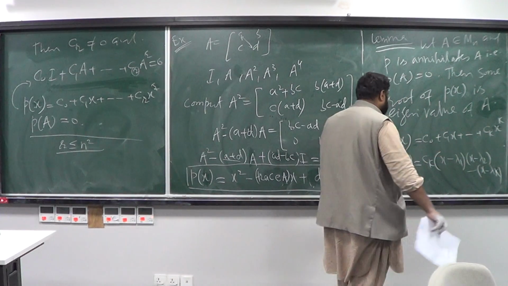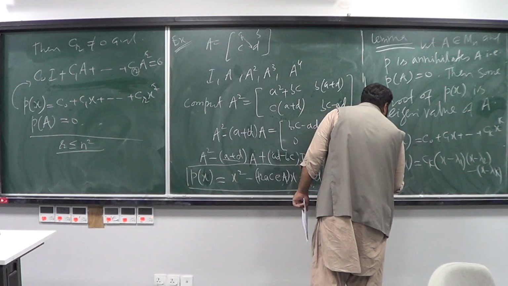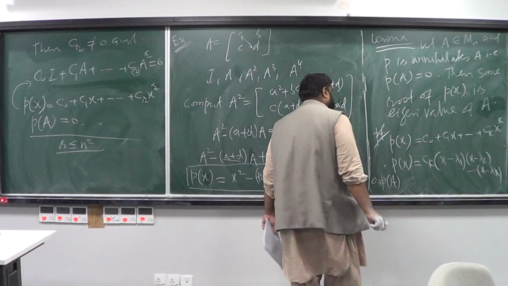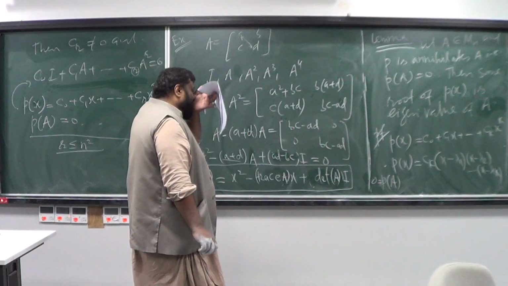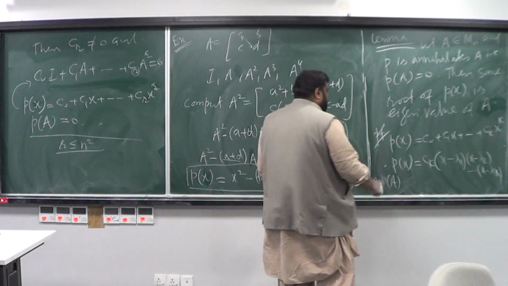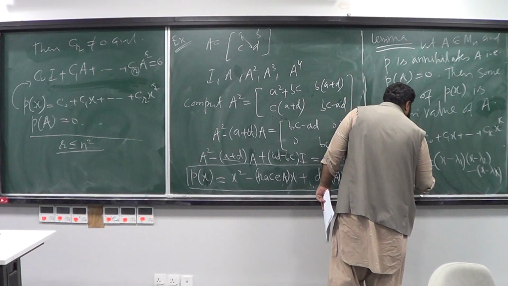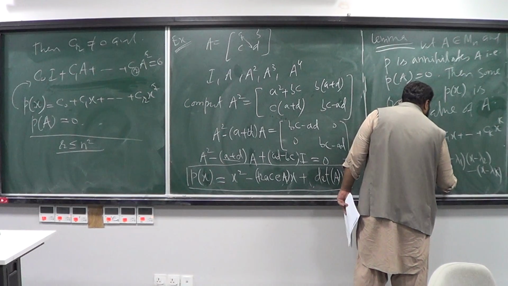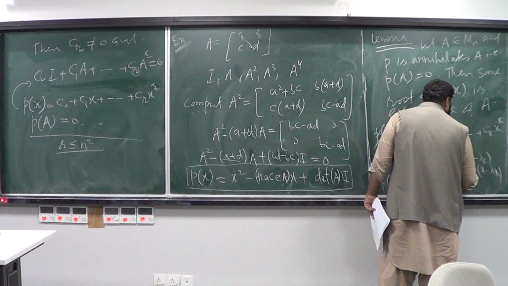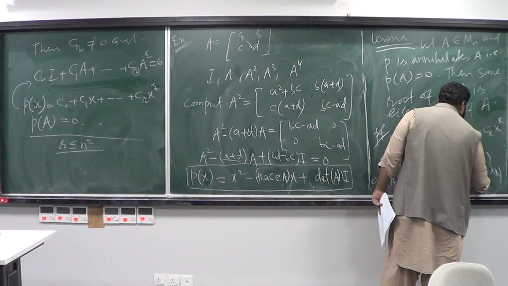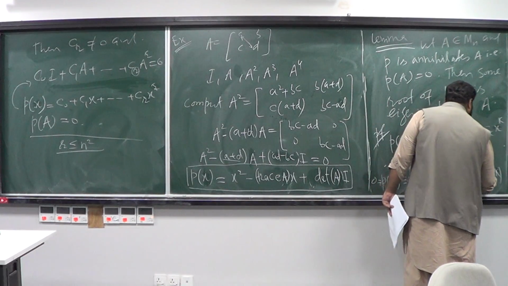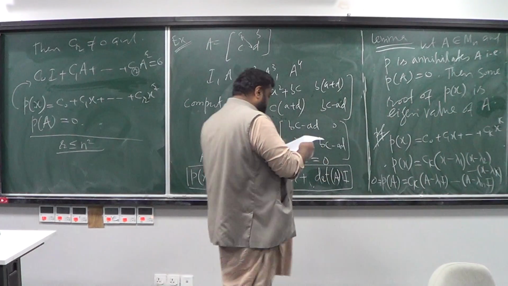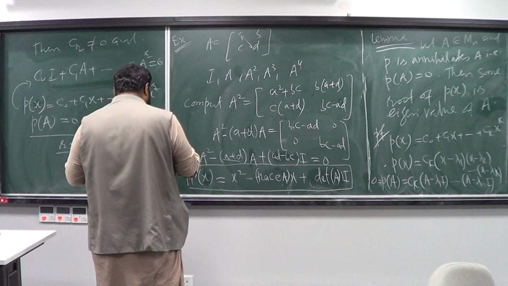So if this is the case, and I know that P of A is 0, what does this show? That Ck times (A minus lambda 1 I) up to (A minus lambda k I), this product, is equal to 0.